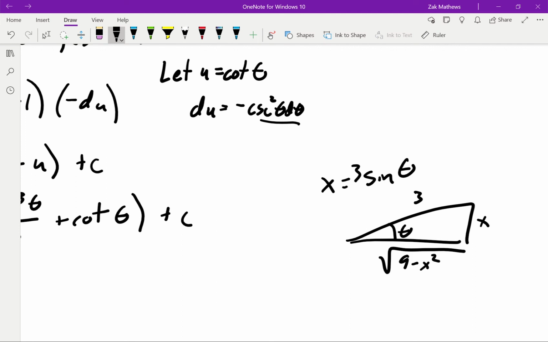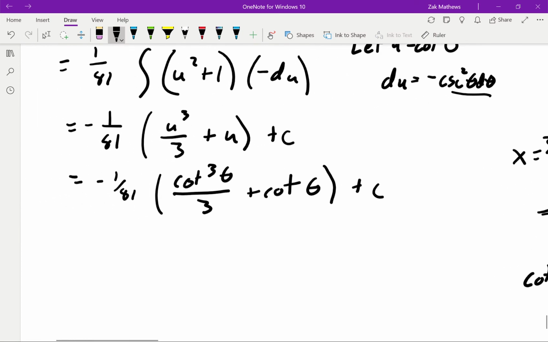So given this picture, we can now figure out what cotangent theta is. Cotangent is equal to the adjacent, the square root of 9 minus x squared, over the opposite, the x. And so we have the cotangent, we can replace that with what it should have been, the x's.